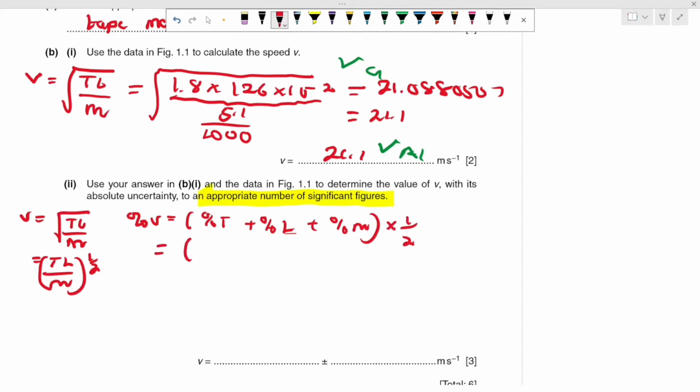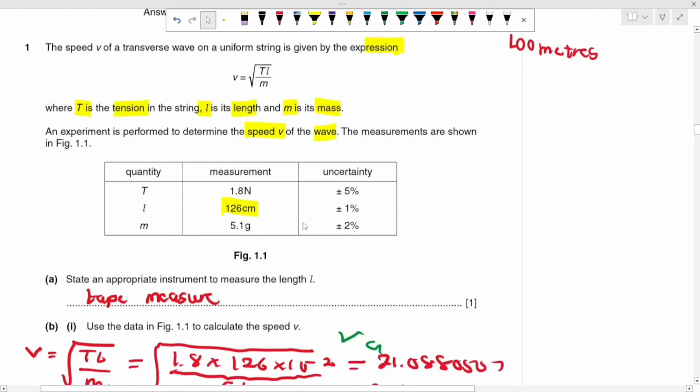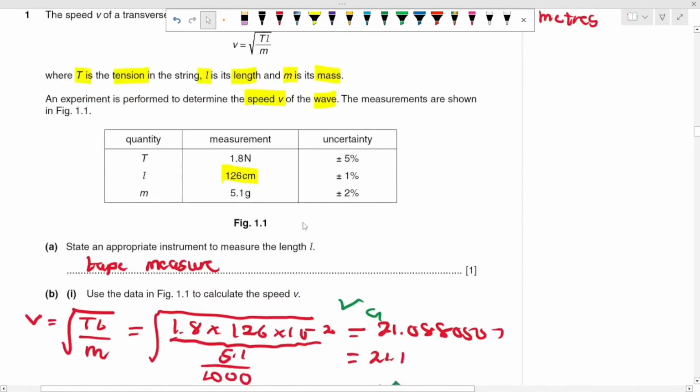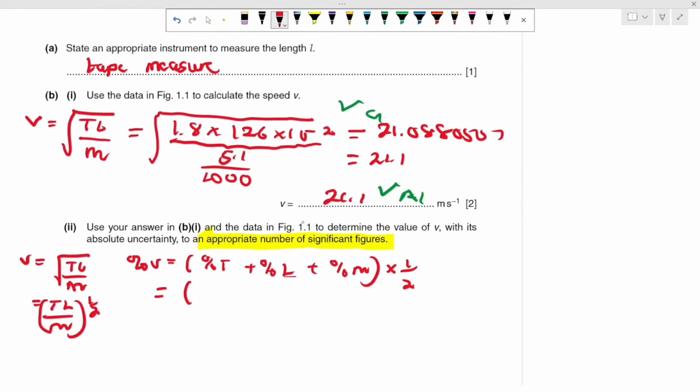So the fractional uncertainty in t was 5%, L 1%, m 2%. So it's 5 plus 1 plus 2, and that's going to give you 8, and 8 times 1/2 is going to give you 4%, right?